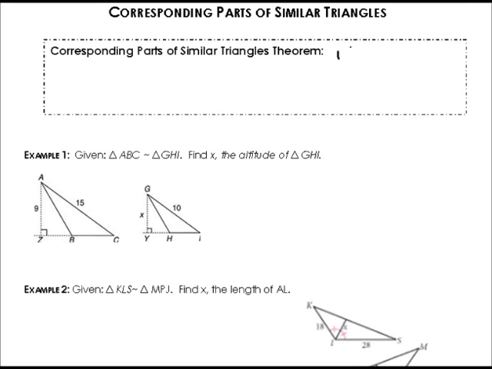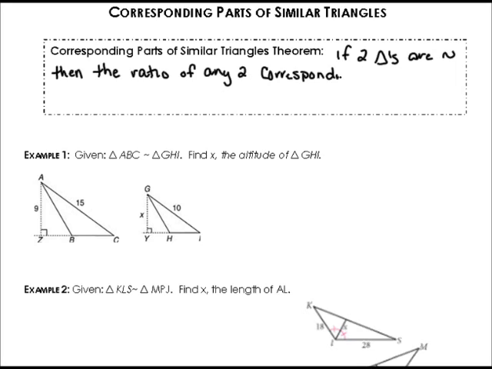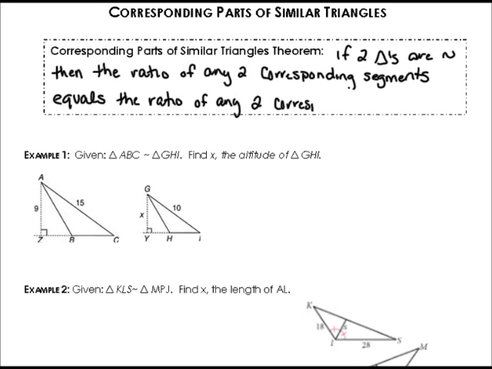It states if two triangles are similar, then the ratio of any two corresponding segments equals the ratio of any two corresponding sides proportionally. Okay, what that means is if you have two corresponding segments.